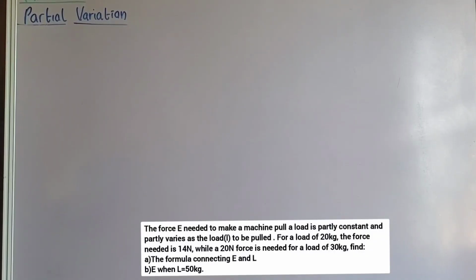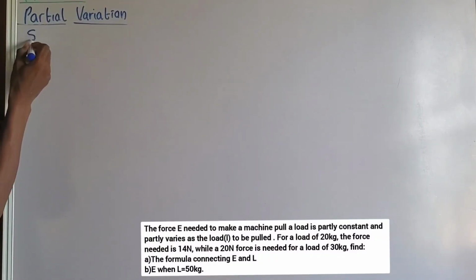Find A, the formula connecting E and L. B, E when L is 50 kg. Okay, let's interpret the question mathematically. We are told that the force E needed to make a machine pull.